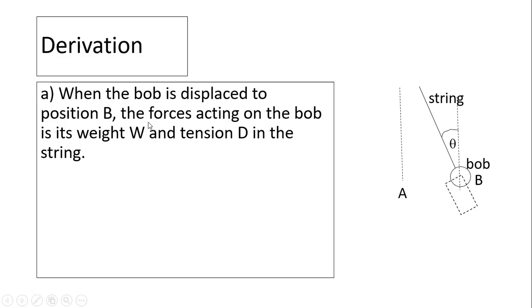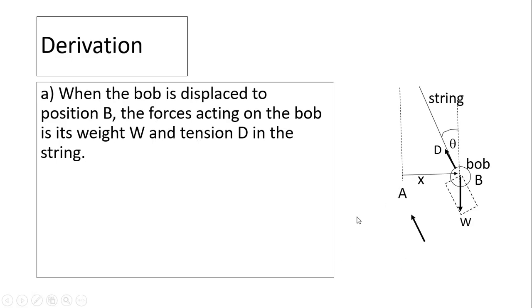Okay, when the bob is displaced to position B, the force acting on the bob is the weight. The weight will be pulling it vertically downwards, W. That's your tension in the string. That's your displacement x from the rest position.